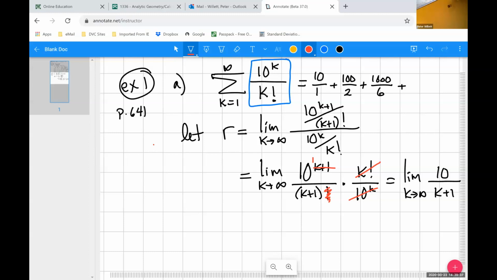So we're left with the limit as k tends to infinity of 10 over k plus 1. So now the only k that's left is in the bottom, causing the denominator to head off toward infinity, while the top just sits there as a 10, 10 over 100, 10 over 1,000, 10 over a million, 10 over a billion. So this limit is 0.